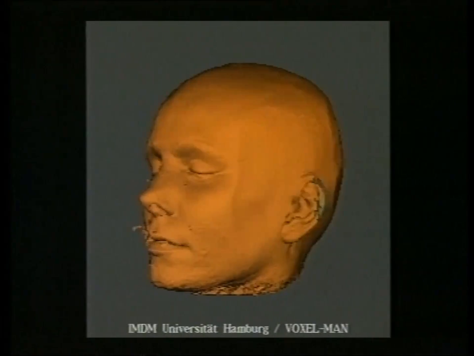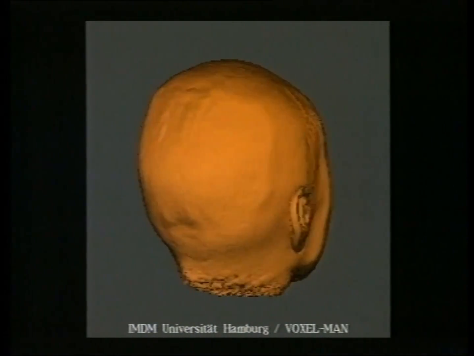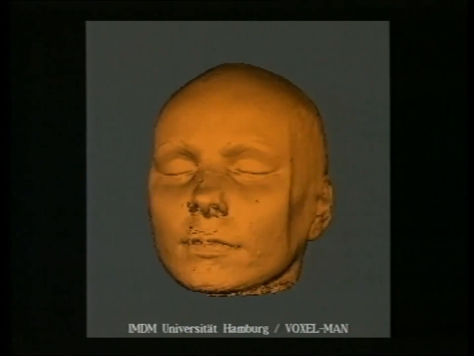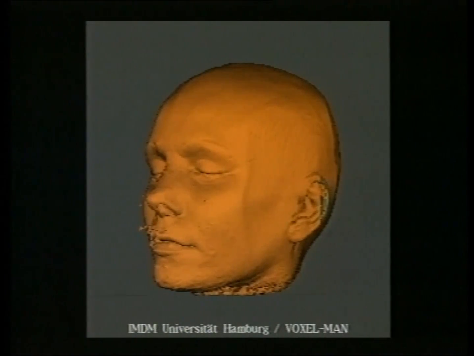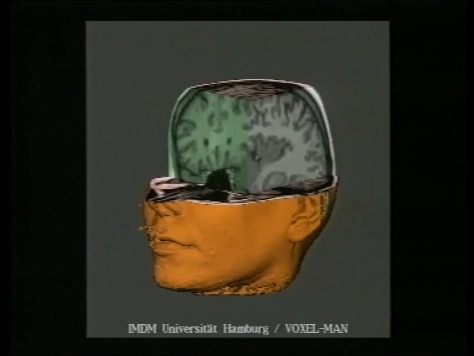As these sequences from 1986 show, 3D models are an ideal tool for this purpose. In this case, the cross-sectional images could be viewed at their anatomical location.